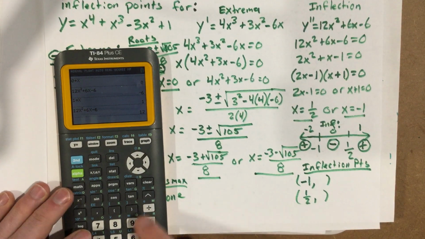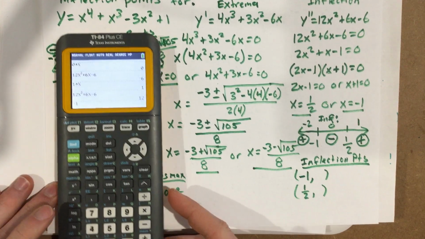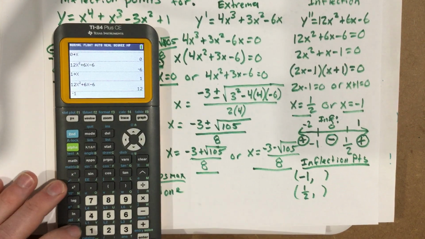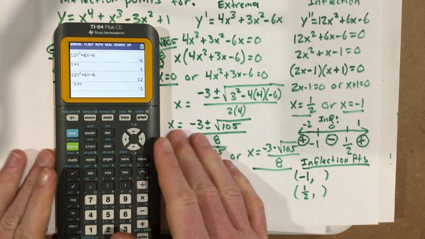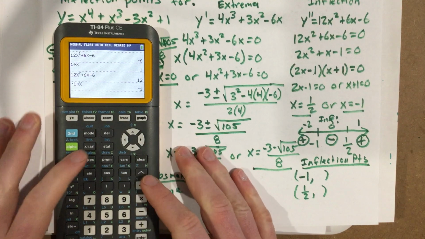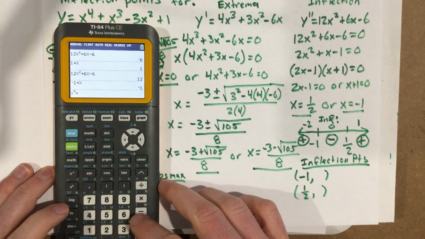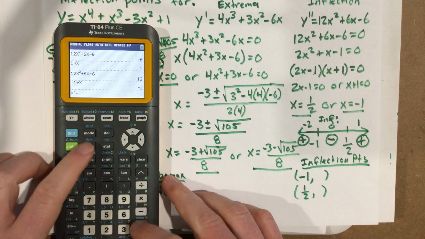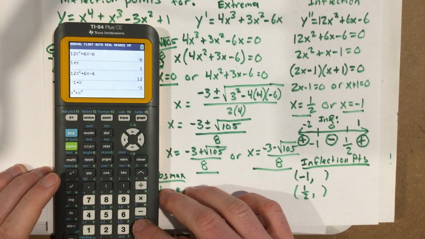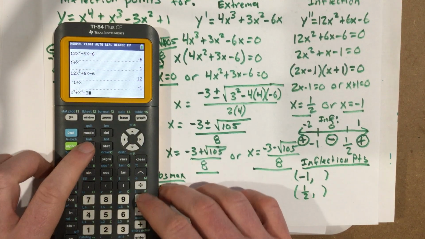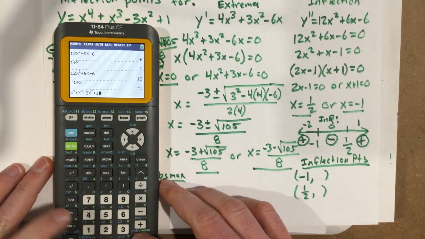So I need to find that y value. So I take -1 and I store it as x. And then I plug in that function again, which was x to the 4th plus x cubed minus 3x squared plus 1.